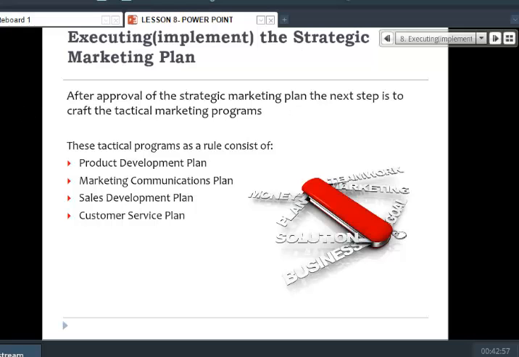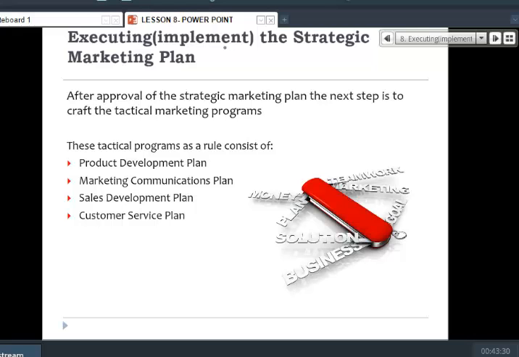How to implement the strategic marketing plan? After approval of the strategic marketing plan, who could approve your marketing plan? I'm in a company, I'm a CEO, I have a deputy CEO under me, I also have the HOD, the head of department, under the deputy CEO, together with the normal staff.